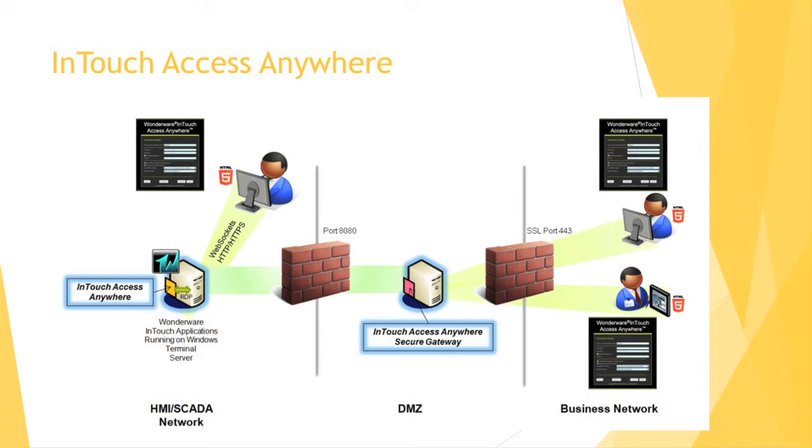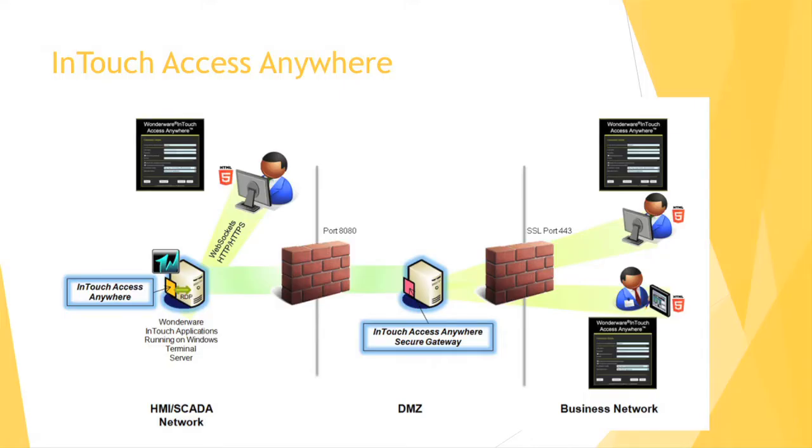This is another implementation. If you want to VPN in, the InTouch Access Anywhere is actually two installs. One is the regular InTouch Access Anywhere server that runs on top of terminal services. If you choose, and it's certainly not a requirement, but if you want to set up a server in the DMZ of your network, there is a gateway software component that you can install.